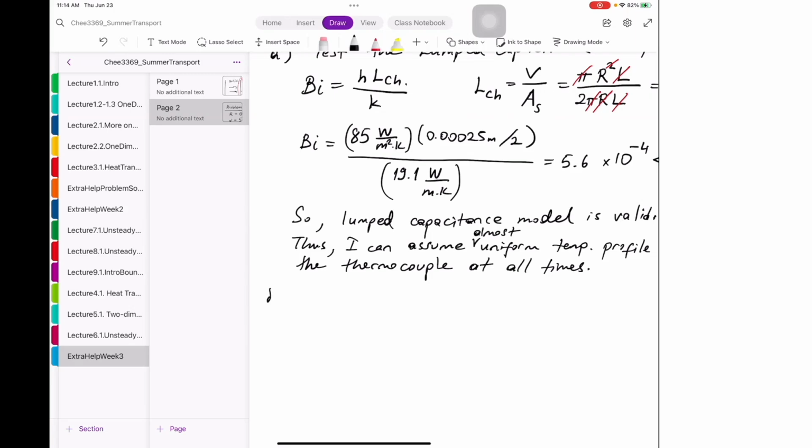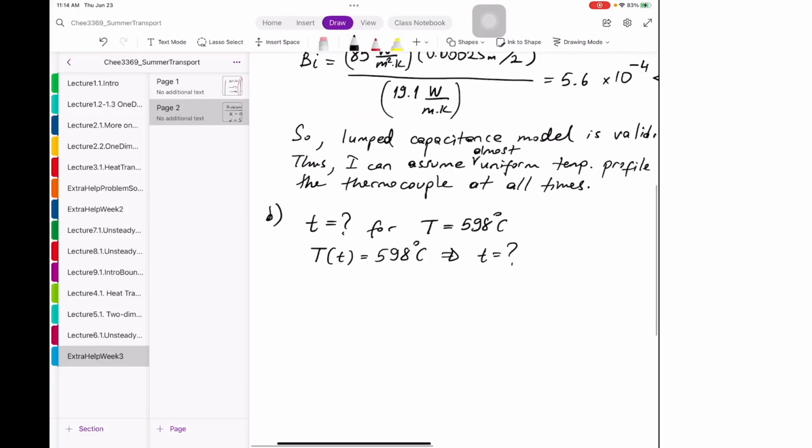In part B, it says calculate the time taken for the thermocouple to reach 598 centigrade. So basically, it asks you to find the time t for the temperature to be equal to 598 degrees centigrade, or in other words, if T of t is 598 centigrade, what is t, lowercase t?